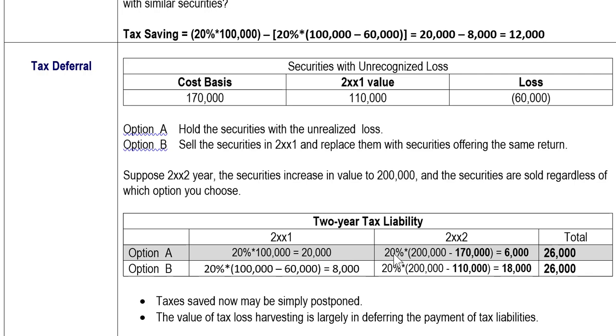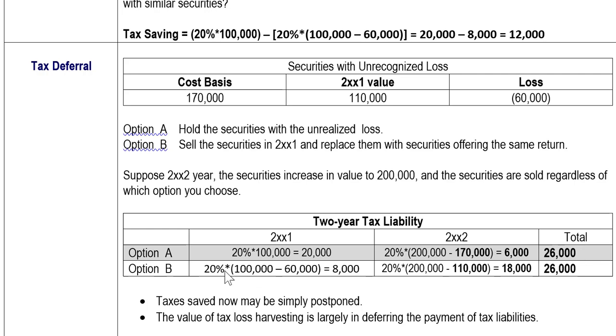In the second year, we just focus on this security. Original cost 170, and the value went from 110 to 200. So there's additional capital gain, and you're going to pay 20% tax, which is $6,000. So in total, you have to pay $26,000.